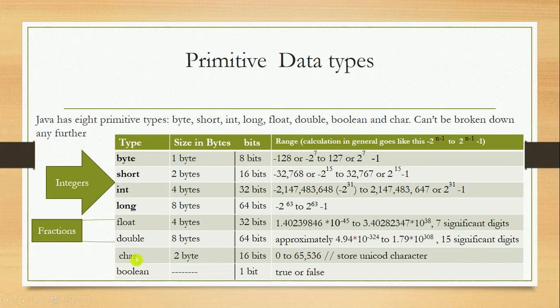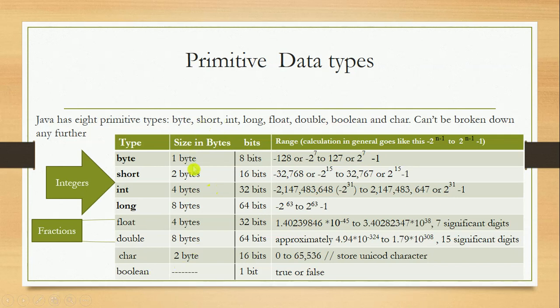Whereas char, it stores characters, single characters like letter A, letter B, or letter C. And when we have true-false values, we use a data type called Boolean.